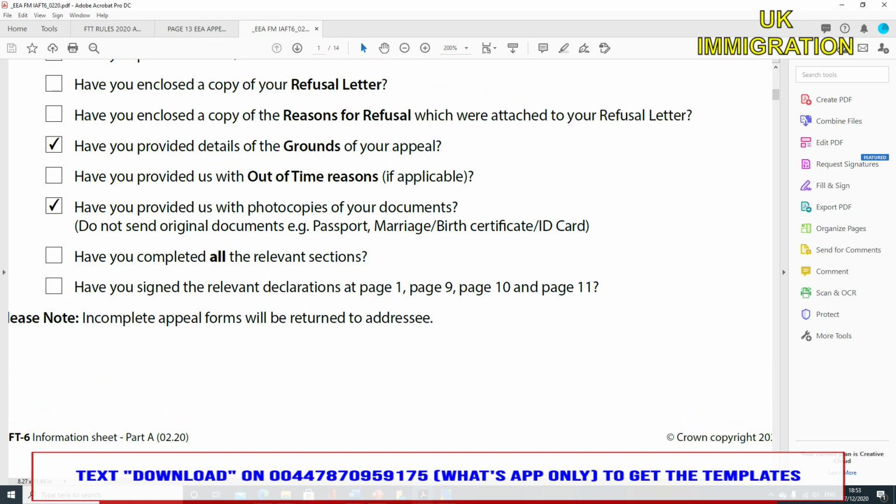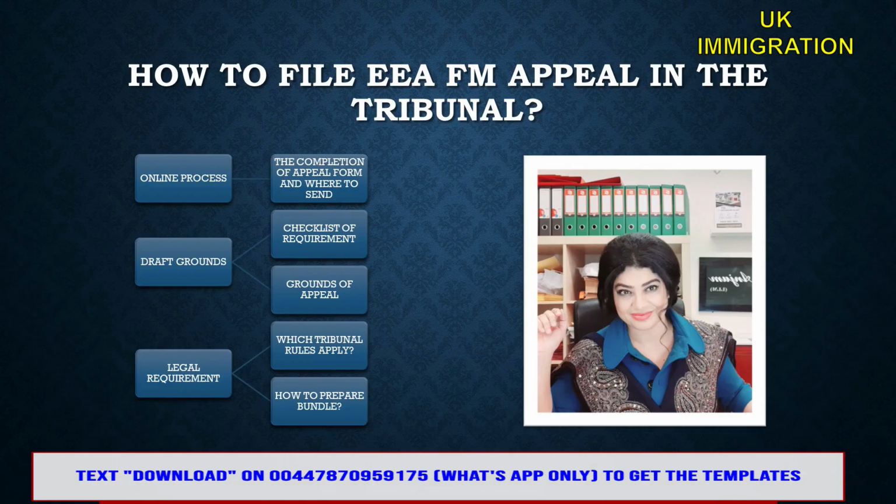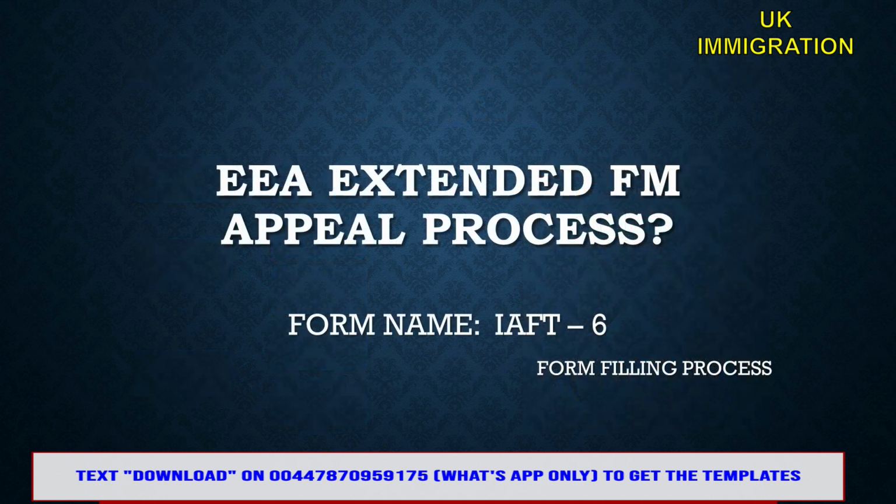When you download your specific form, you need to remember the form name is EEAFT6, and you can file your appeal for EEA Extended Family Members, Direct Family Members, Close Family Members, and Dependent Family Members.